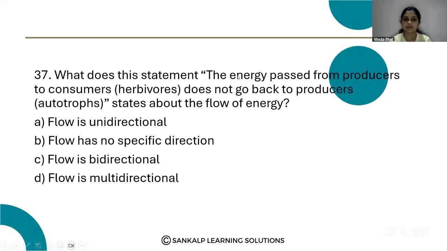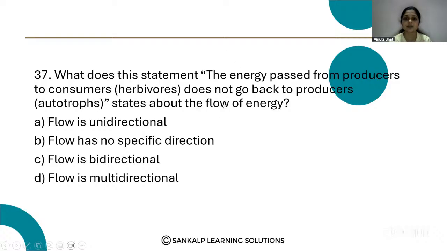Question number 37. What does this statement, the energy passed from producer to the consumers does not go back to the producers, state about the flow of energy? Flow is unidirectional. Flow has no specific direction. Flow is bidirectional. Flow is multidirectional.